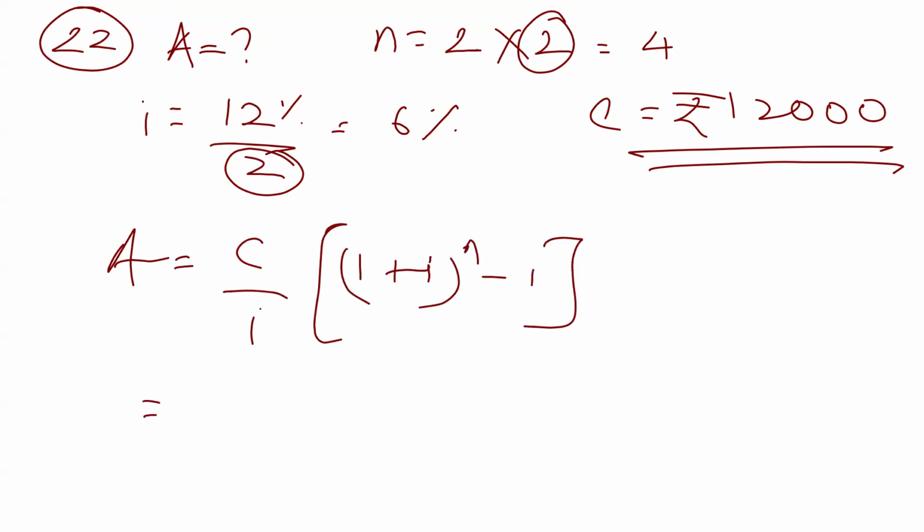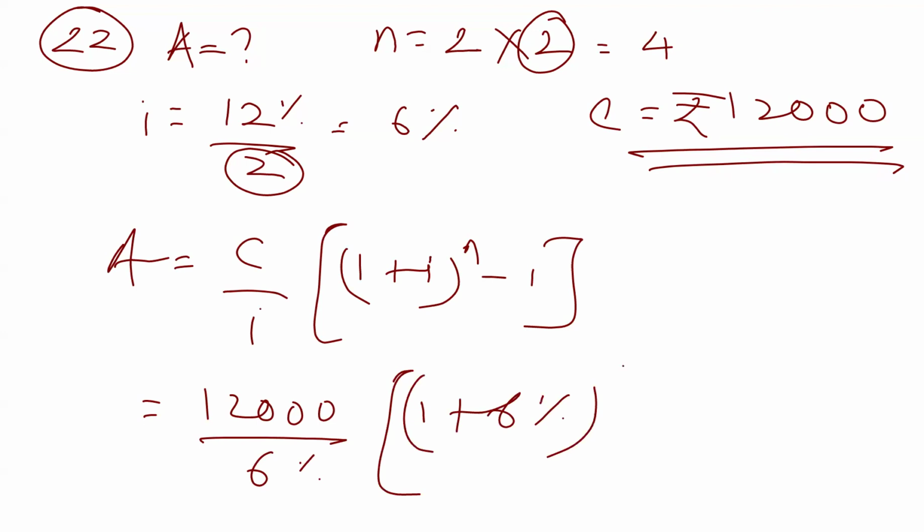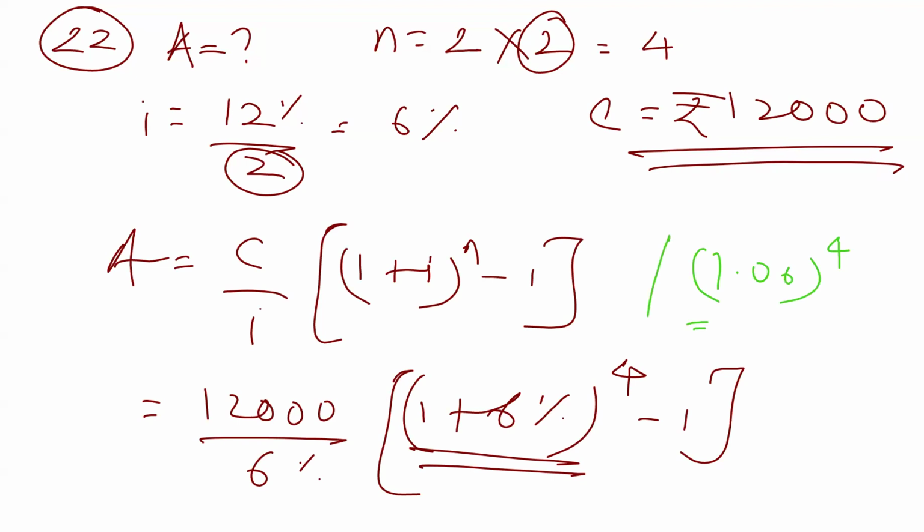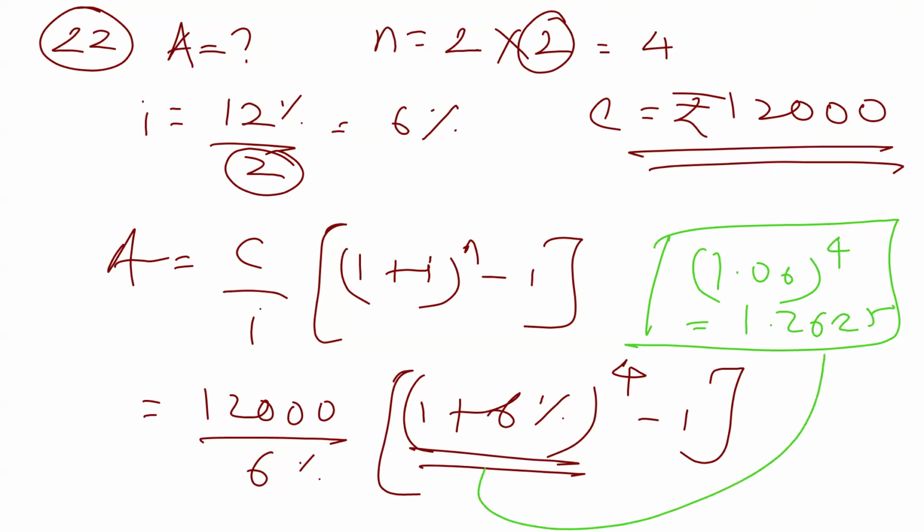Put the value of C as 12,000, I as 6%. 1 plus 6% raised to 4 minus 1. These values will be given to you in the problem. If the textbook misses that out, they will give it, don't worry in the exam. So this value will be given to you, 1.2625. You can use this value over here for calculation, right?